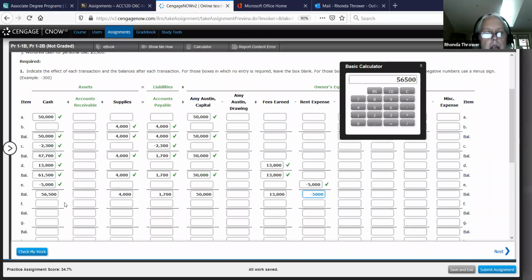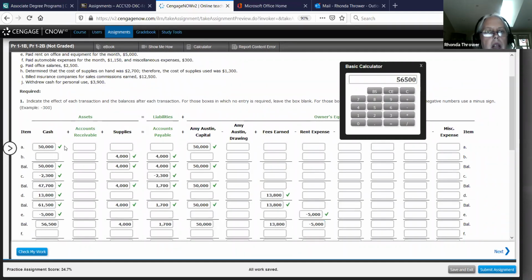We're ready to analyze transaction F. So for transaction F, it says that we paid automobile expenses. That's plural, so we had two types of expenses that we have to pay for.